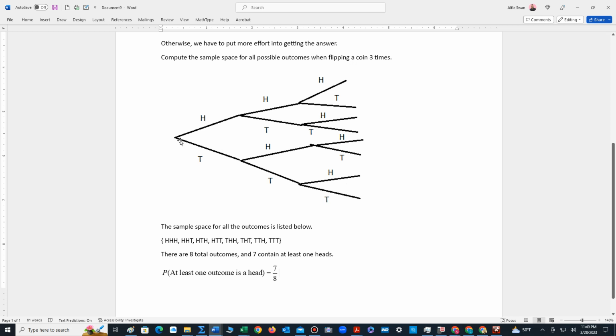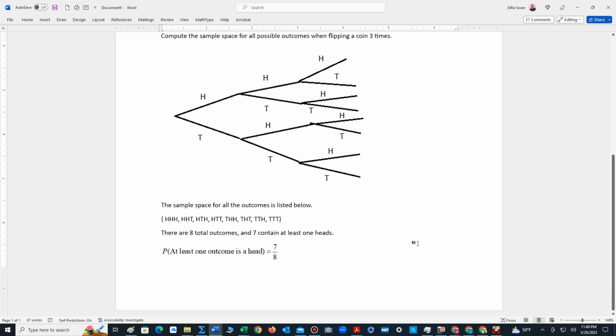We can use this tree diagram to find all of our outcomes in the sample space. So for example, one outcome would be you get 3 heads. So that's going to count as one outcome.